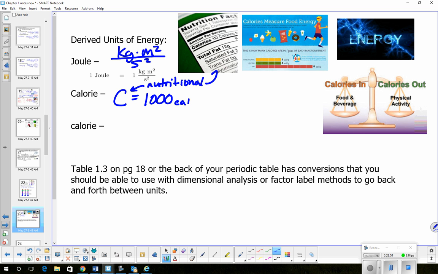A nutritional calorie is 1,000 lab calories. 1 lab calorie is equal to 4.184 joules. Joules is a metric unit for energy. Okay?